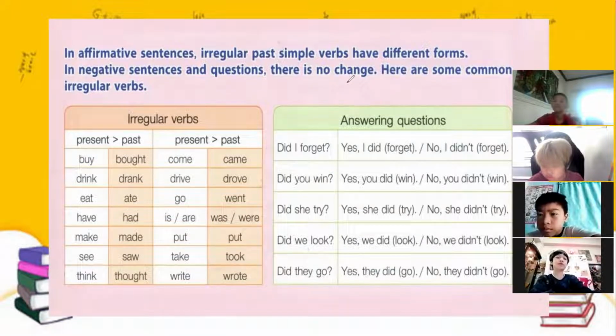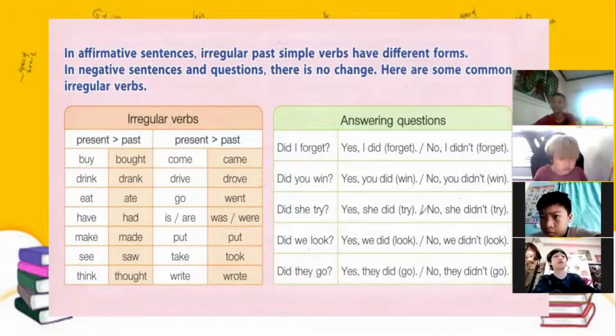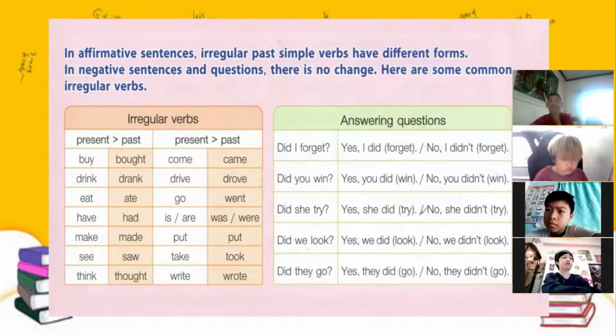Okay, in affirmative sentences, irregular past simple verbs have different forms. In negative sentences and questions, there is no change. Similar here, in questions and negative sentences, it won't change. But for the affirmative sentence, irregular verbs will actually change form. From first form, we will change it to second form.